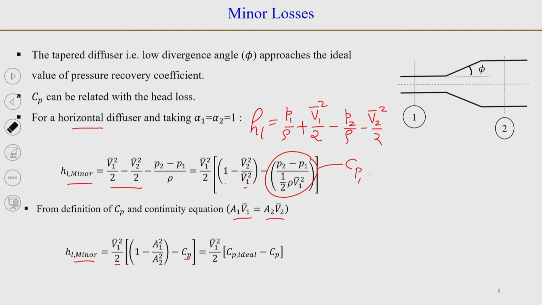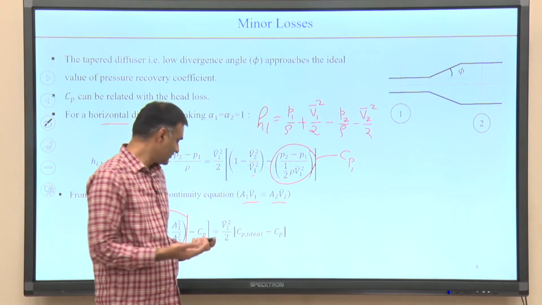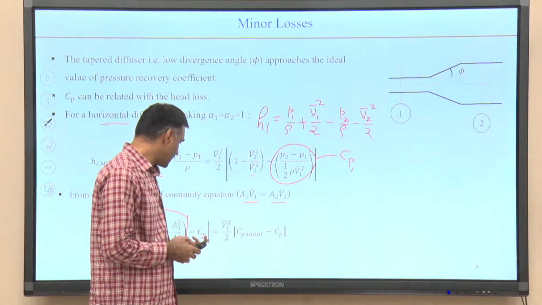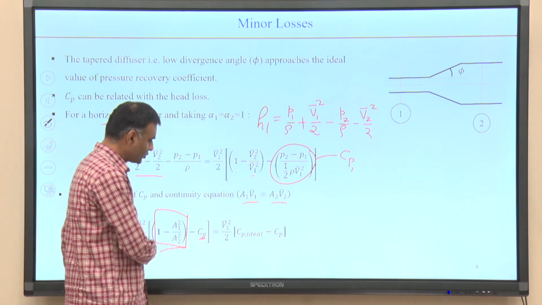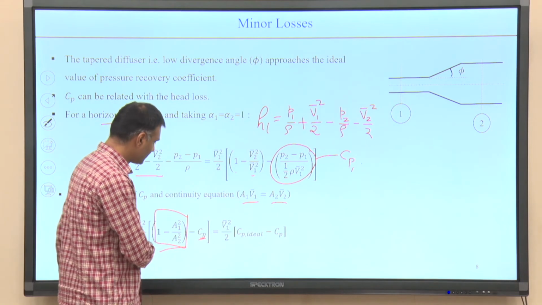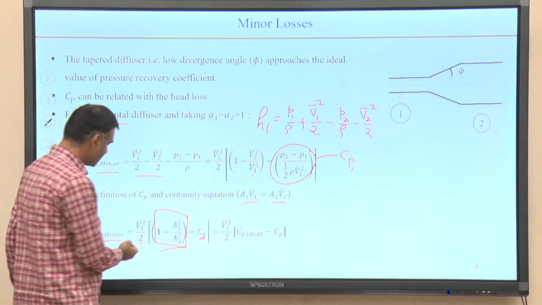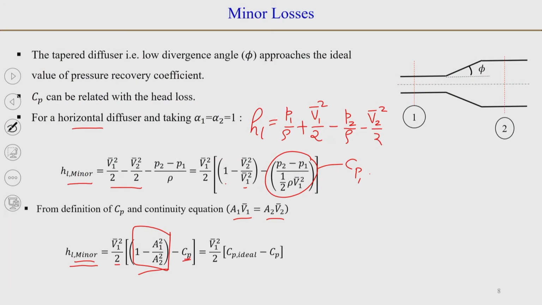That is the definition of HL minor. Now, you know A1 and A2, which are the geometric parameters for a diffuser, beforehand, and if you know the Cp value or the pressure recovery coefficient for a diffuser, then from that value you can calculate the minor losses.